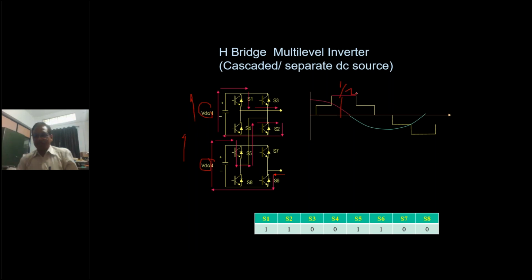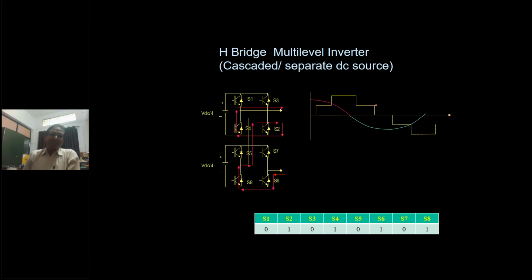What is the next case? Now we will bypass one VDC. We turn the switches on such that only one VDC by 4 is there. So now we will get VDC by 4 voltage. What is next? The path is like this.